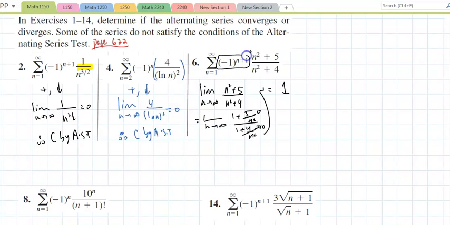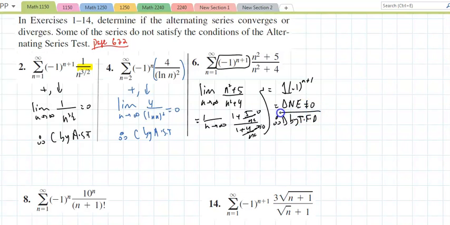Remember, there's a negative 1 to the n attached to it. So this series is 1, negative 1, 1, negative 1, 1, negative 1, the limit does not exist, which means it doesn't equal 0. Therefore, it diverges by the test for divergence.